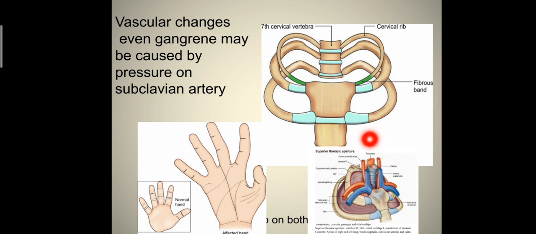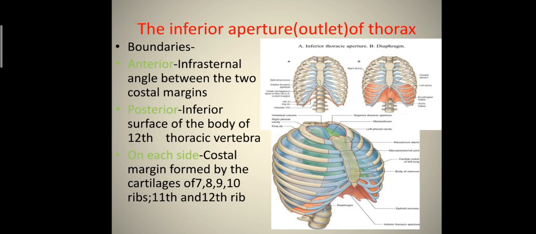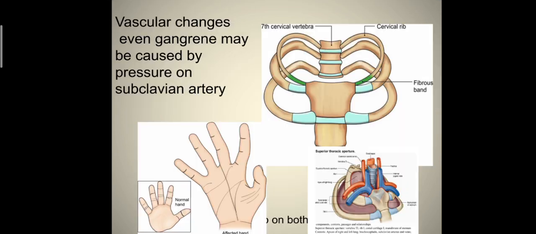So these structures may be compressed and gangrene may be present due to the compression of the subclavian artery, and due to the involvement of the T1 fibers in the brachial plexus, there will be wasting of the intrinsic muscles of the hand.